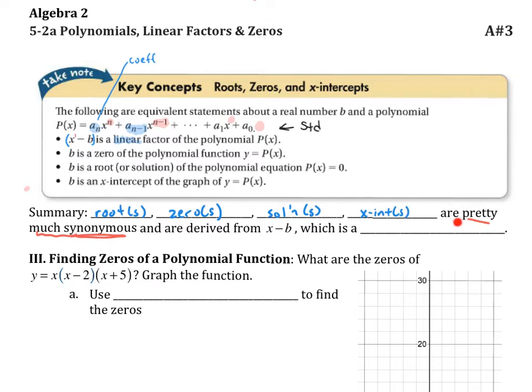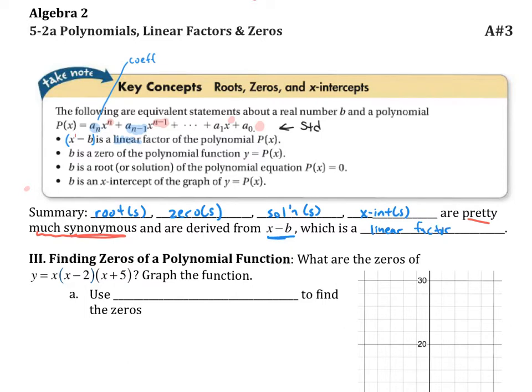When we're talking about a function or an equation related to that, they're all derived from these linear factors, and there could be more than one. They're pretty much synonymous. And x minus b is called a linear factor.